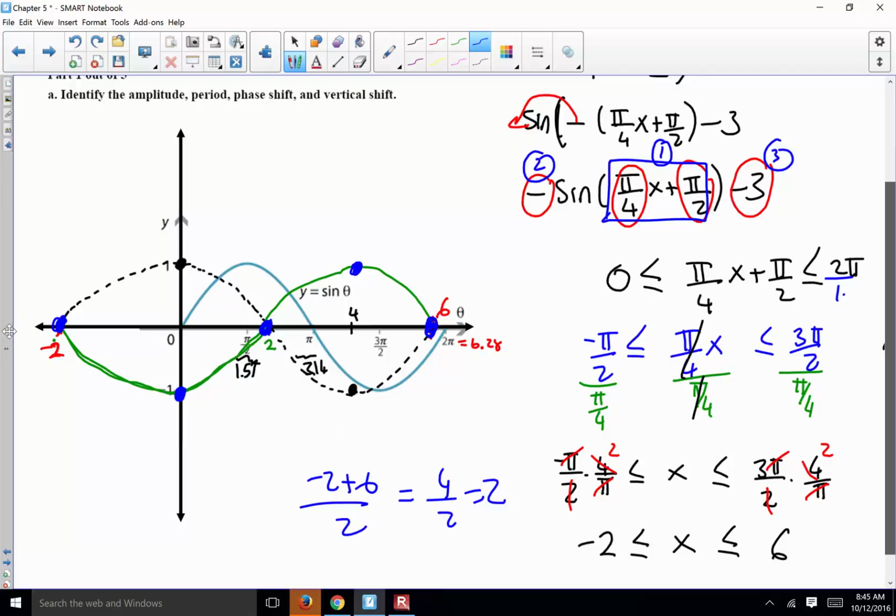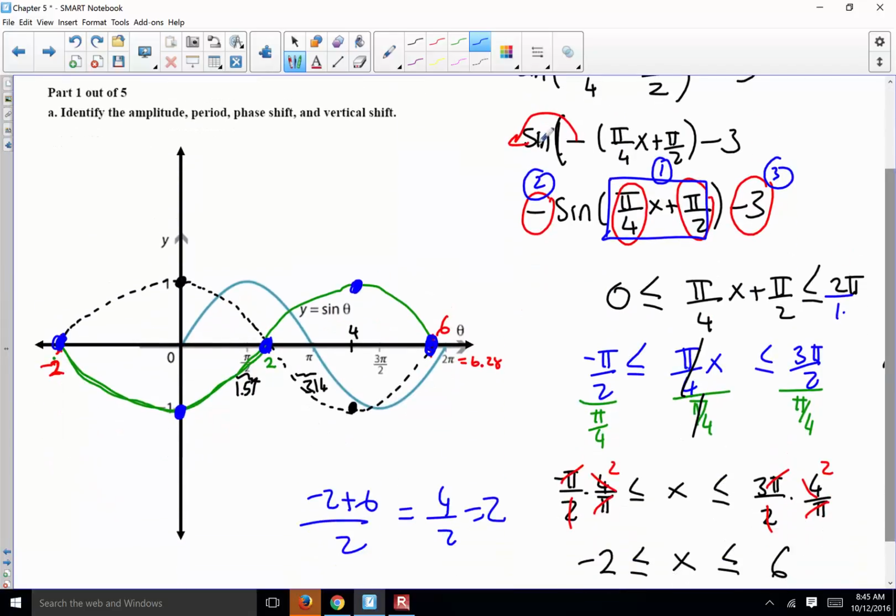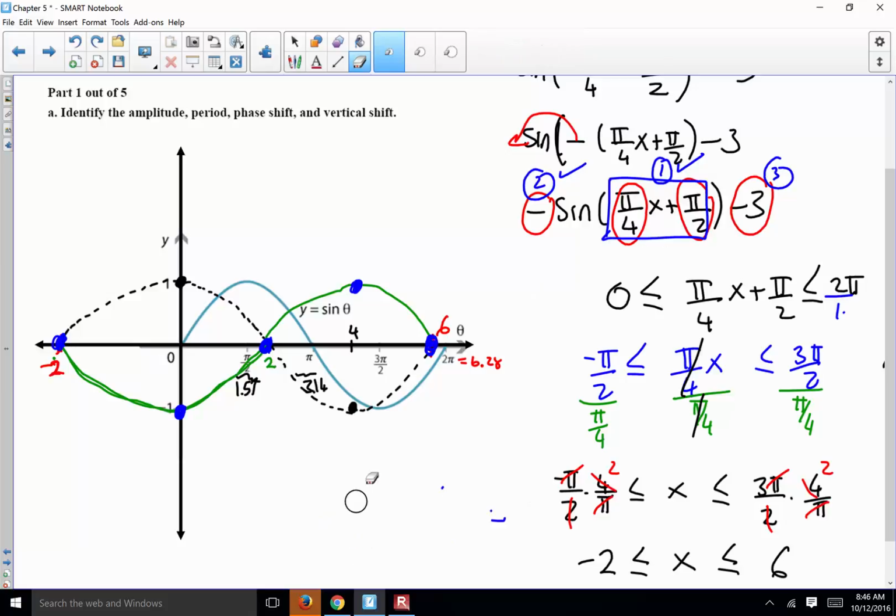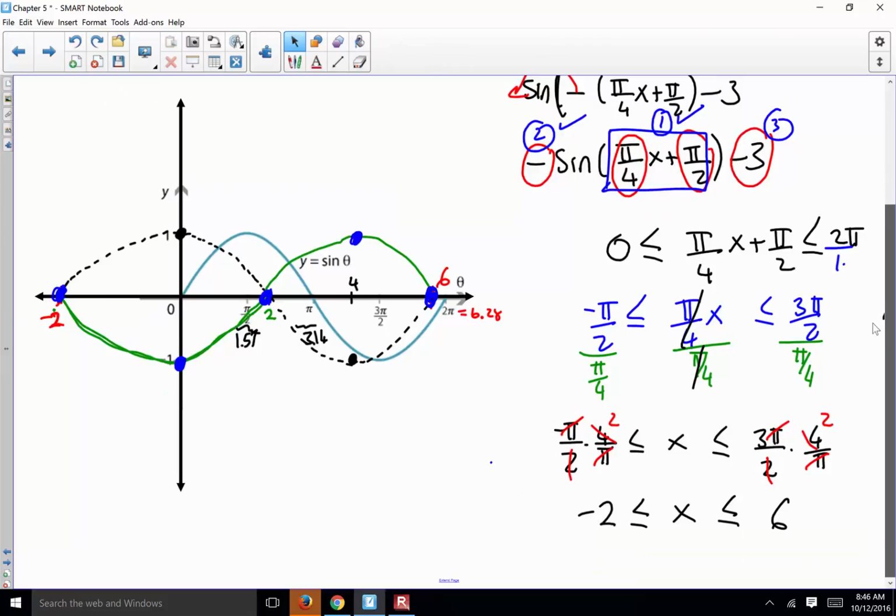That's step 2. And step 4, final step. No, step 3, final step. We did these two. Now we shift this 3 units down. Alright. 1 will go where? -4. Let's go further down. -2, -3, -4.